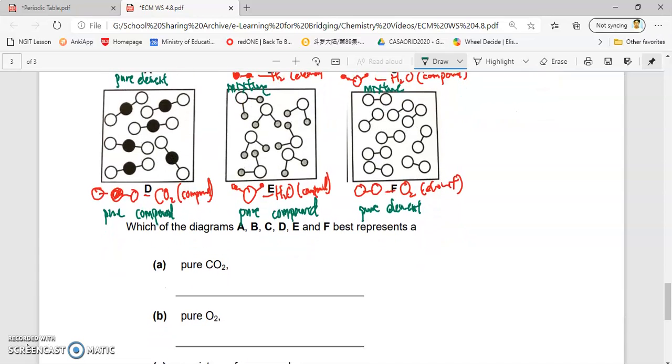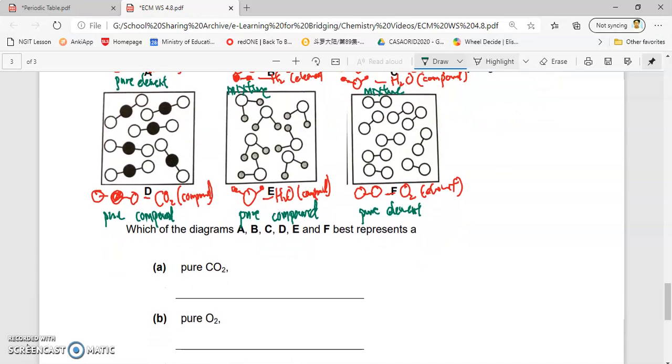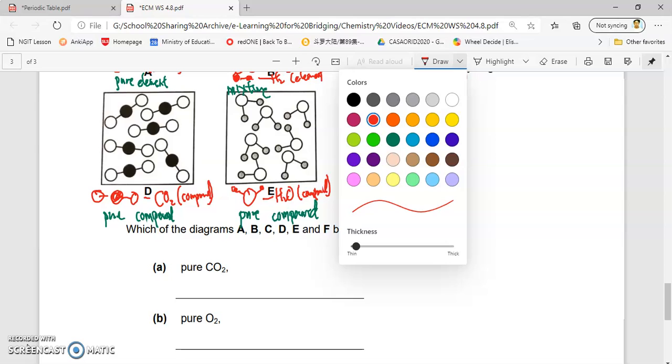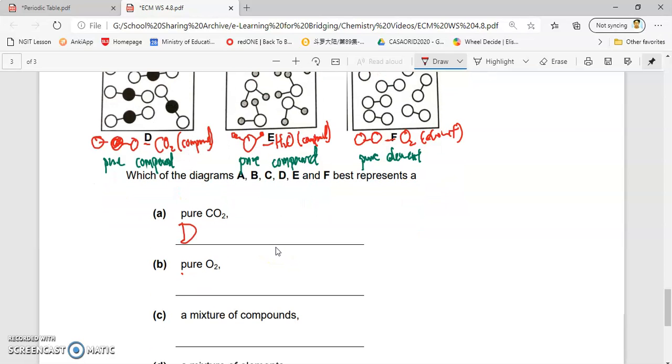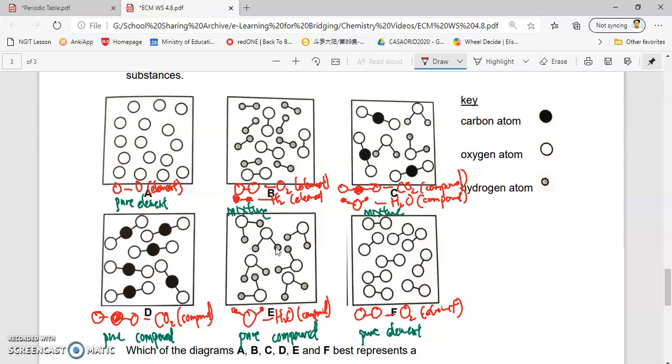Okay, so as such, which is pure CO2? You actually have it over here, which is D. Pure O2 is over here, which is F. For a mixture of compounds, there are only two mixtures, B and C. B is a mixture of two elements, C is a mixture of two compounds.